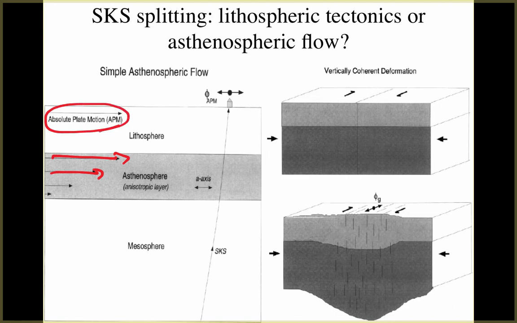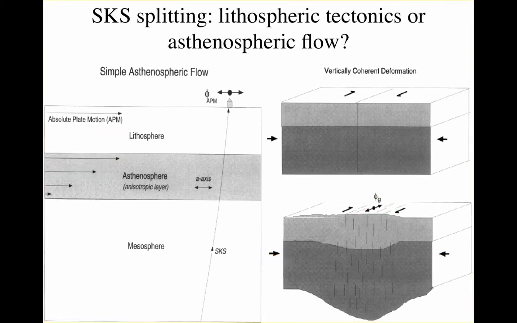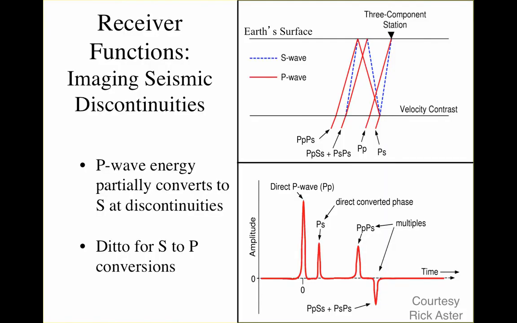And other places, particularly in active tectonics, where vertically coherent deformation may be taking place, if, for example, we are compressing Tibet between India and Asia, we're squeezing these rocks together and we're developing a fabric that will, in this case, have a fast direction perpendicular to compression. Both sorts of behavior appear to be present on Earth, and we can use our mapping of these split directions to unravel some of the complexities of active tectonics.